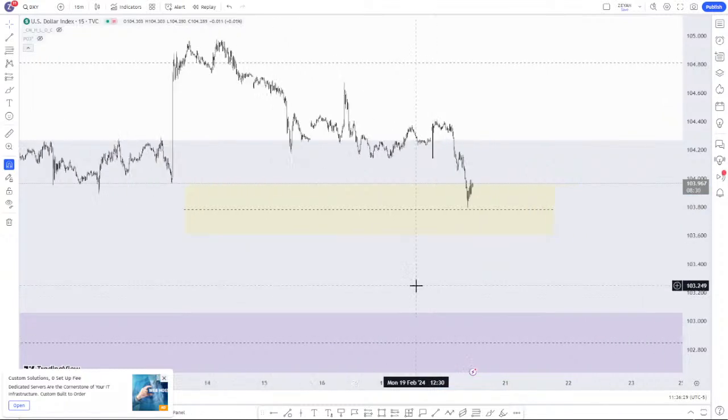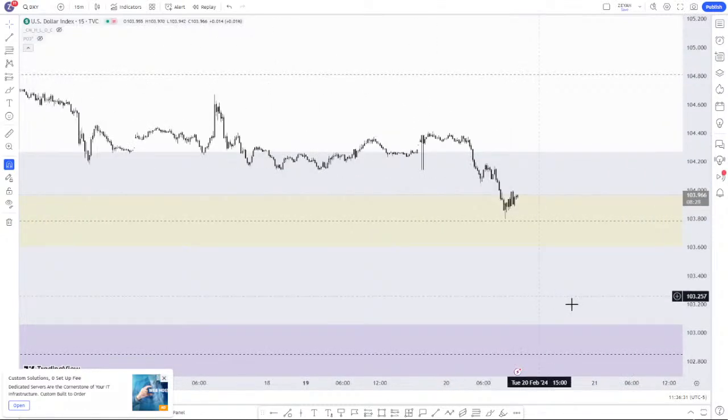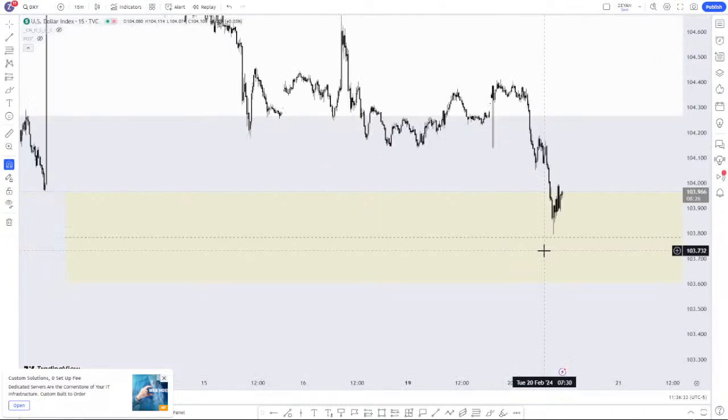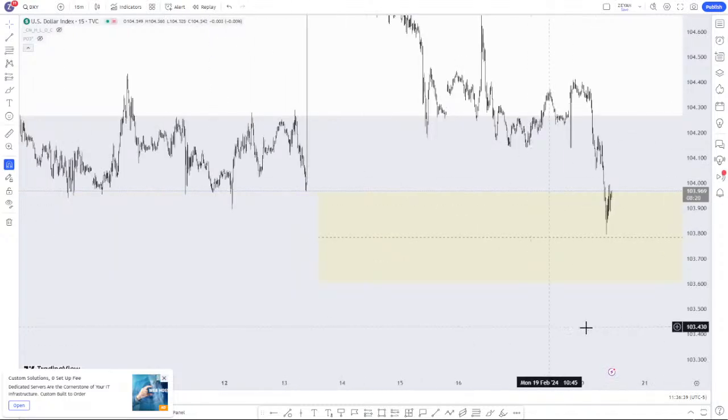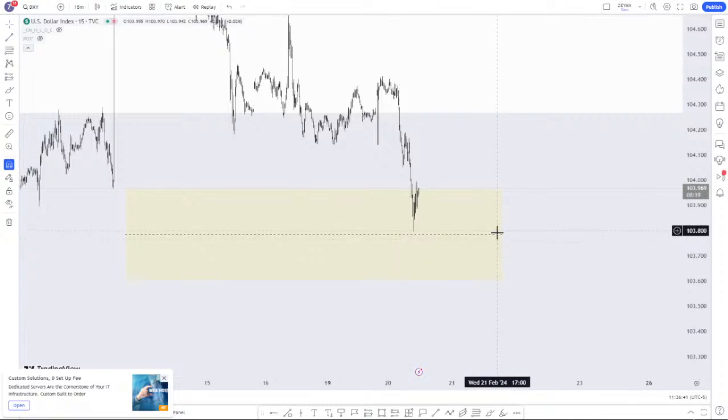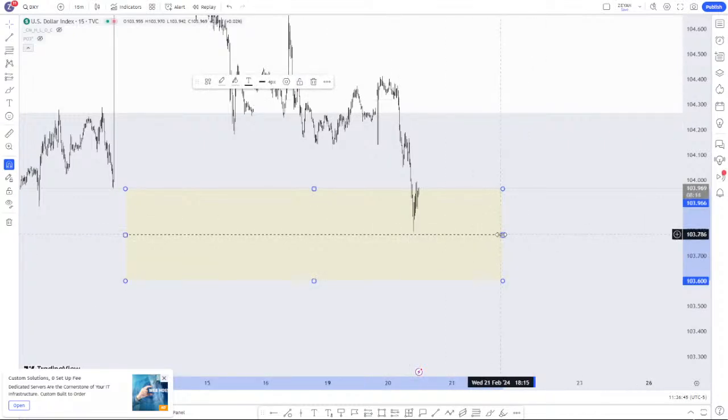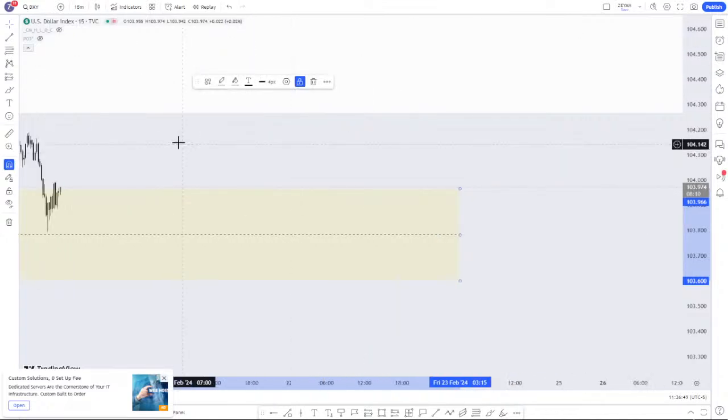So here we are now. Even on the higher time frame, this whole area would prove to be the area of interest in hindsight in future. This is foresight for now. So here we are.